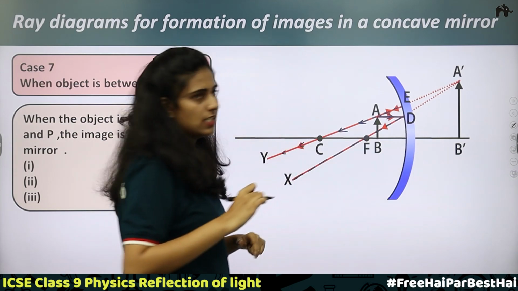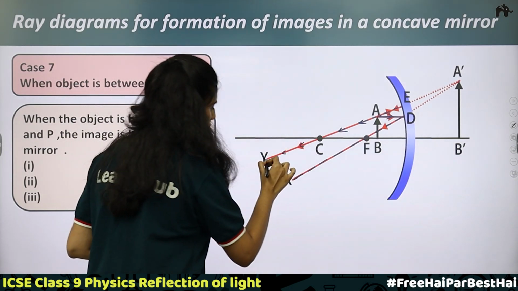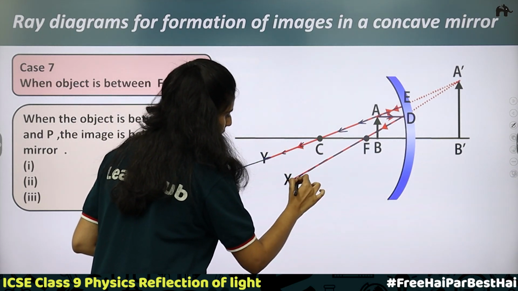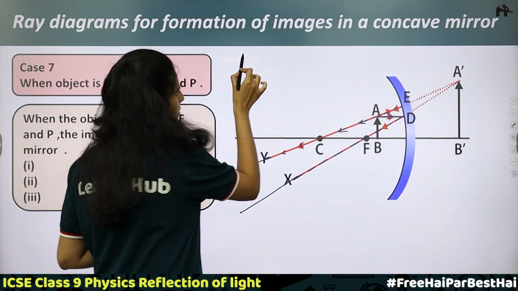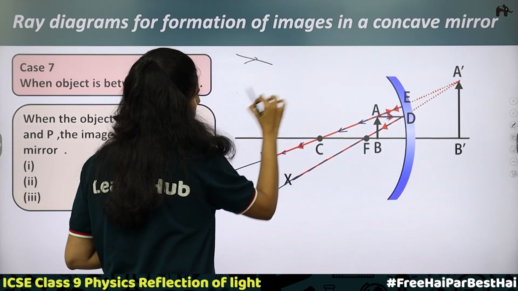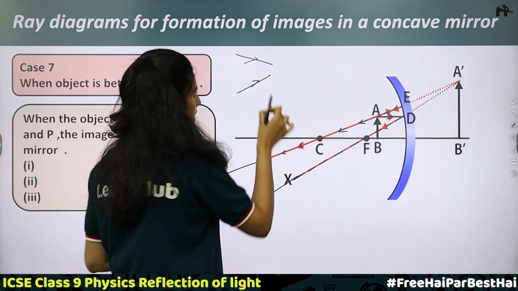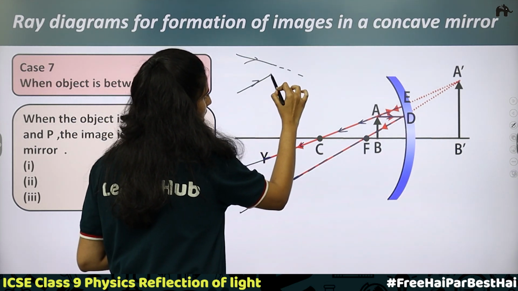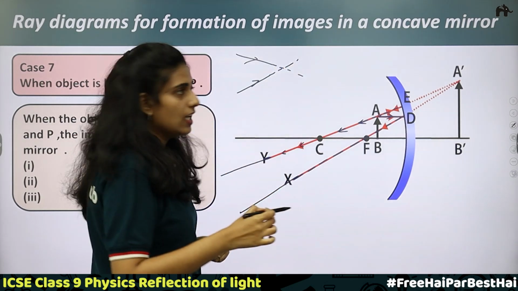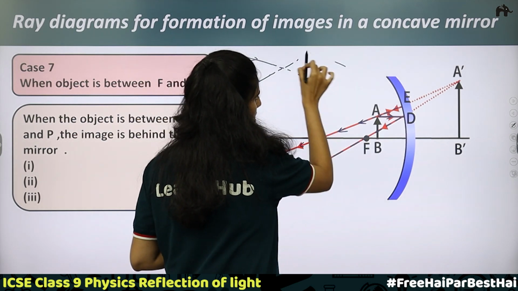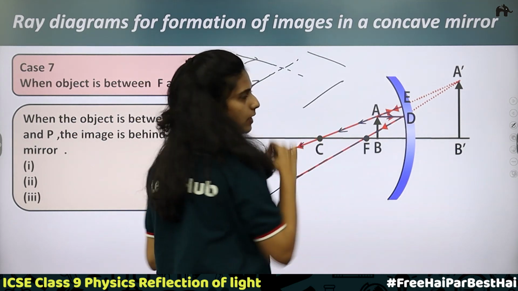So, here you can see when you extend the reflected rays, they are not going to meet. We know that when the reflected rays are in this way, when you extend, they will meet at a point. But here in this case, the rays are in such a way that one is in this way and the other is in this way.